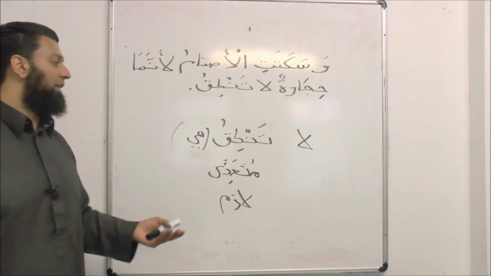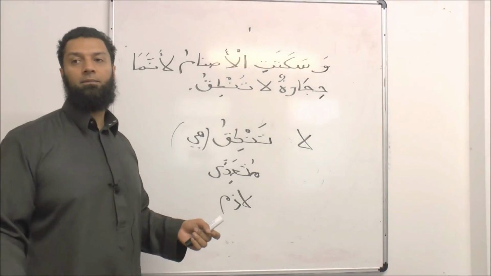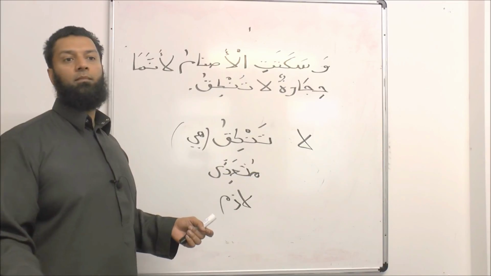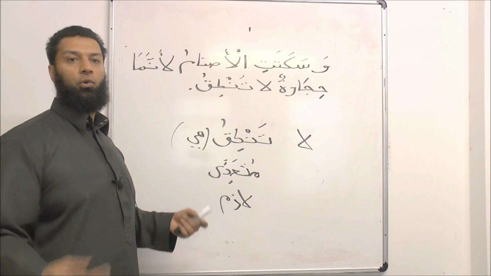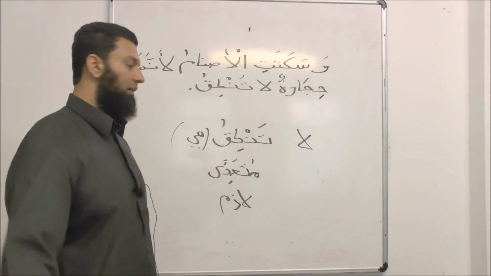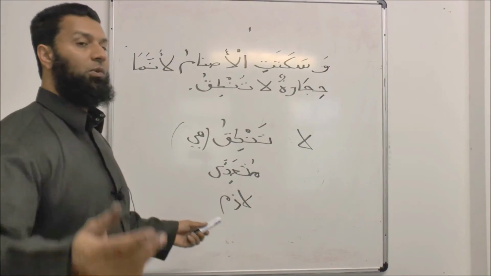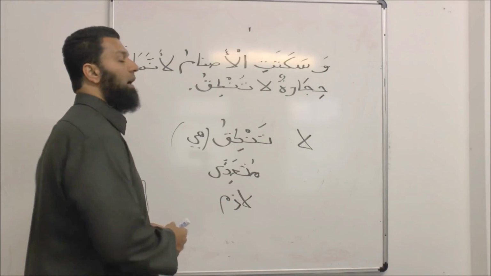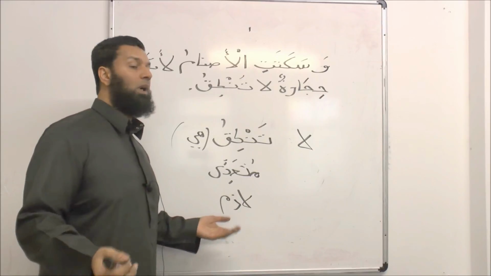So for example, a verb which is muta'addi is ra'aytu. What does ra'aytu mean? I saw.